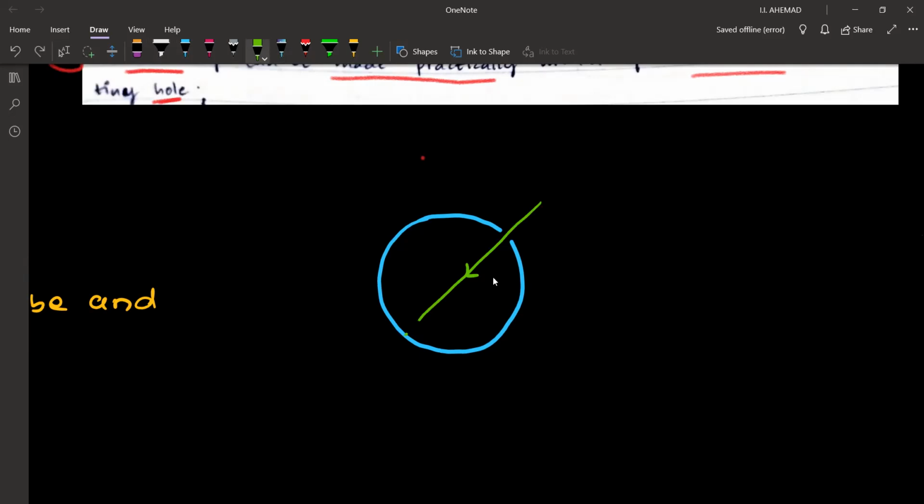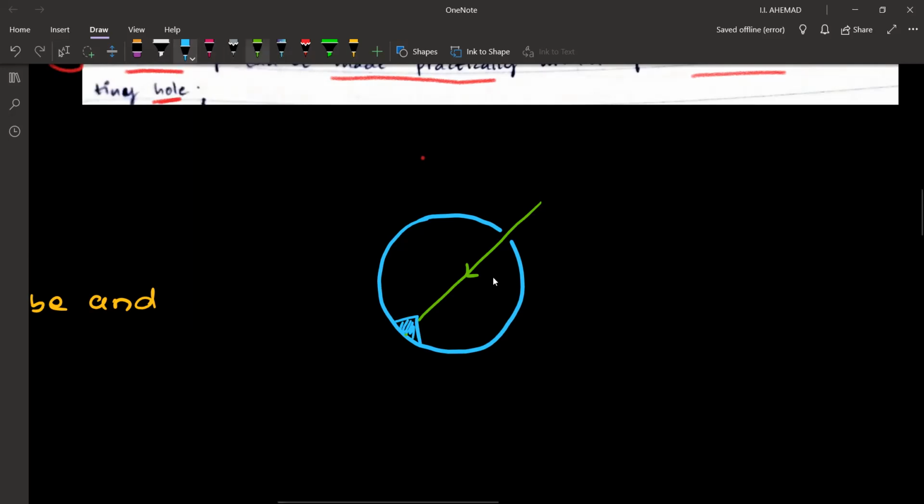To avoid that, we are using a reflector, a surface like this. Now the light is reflected into the cavity.